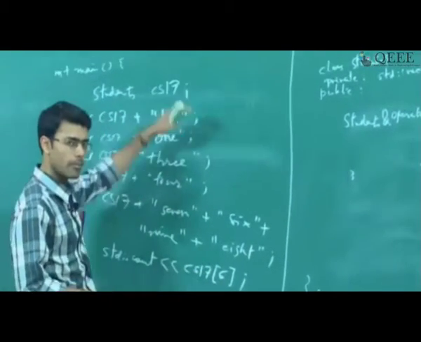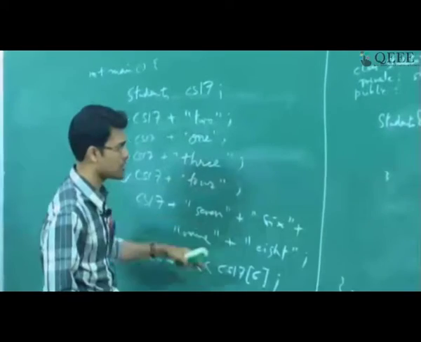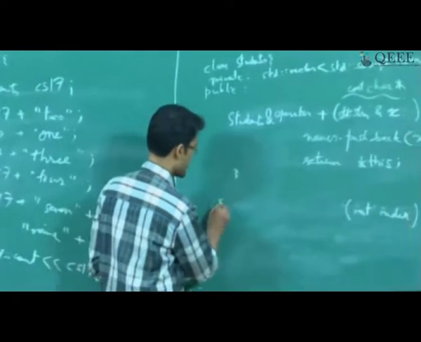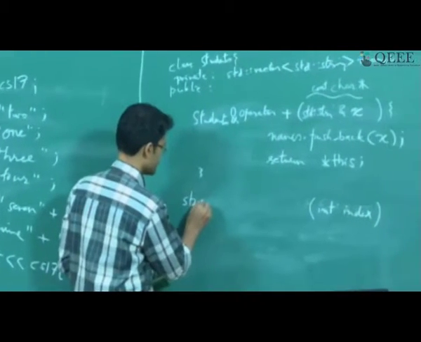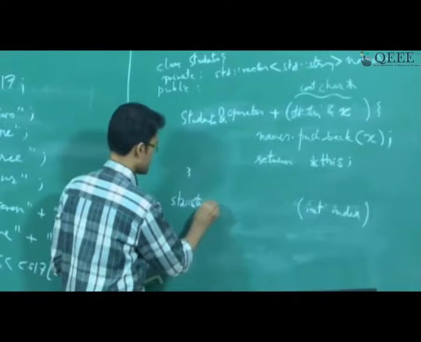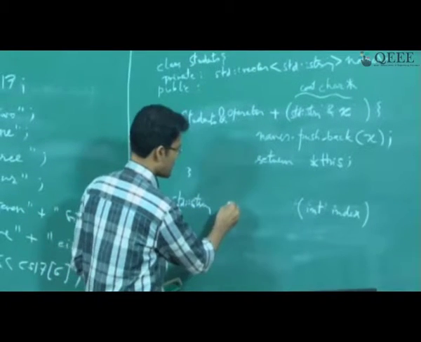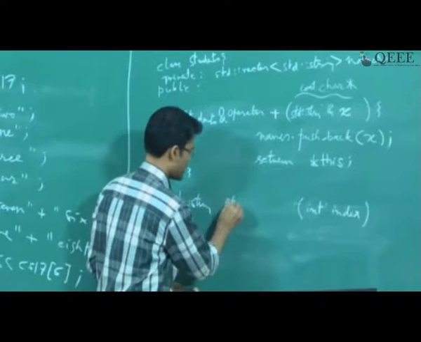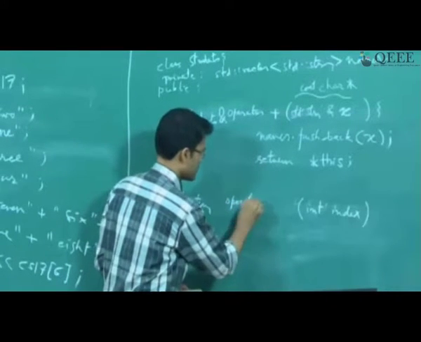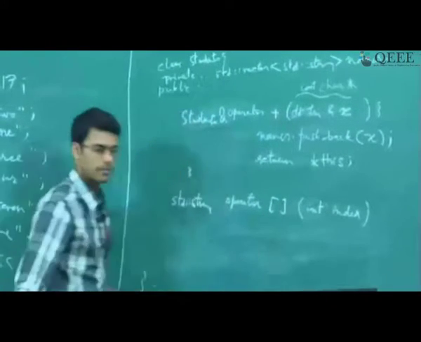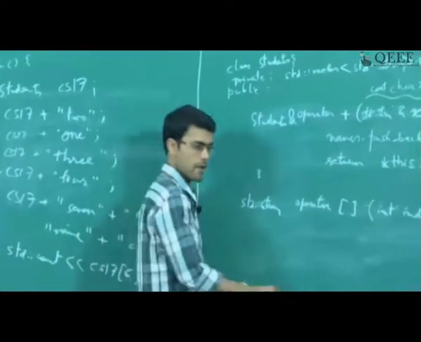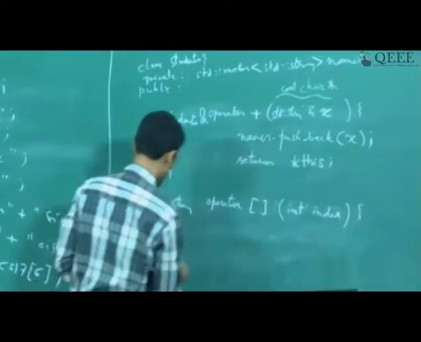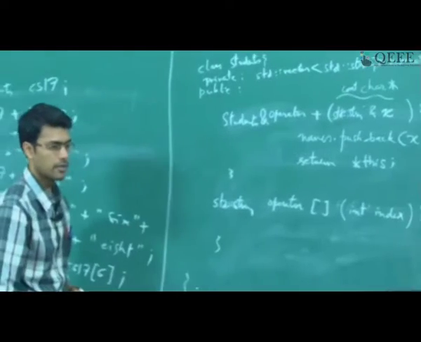And what is that element type? Well, we have said that these are all strings, so it should return a string. And I should say operator subscript. Right? All right.